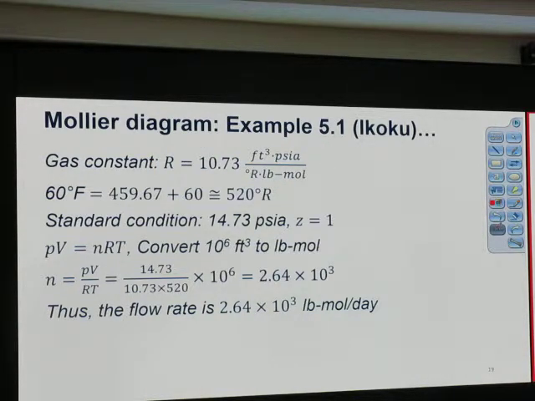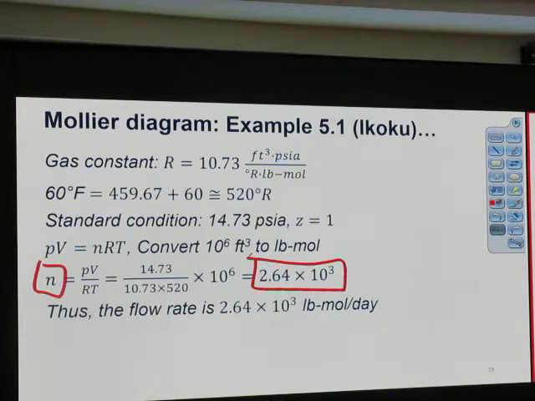Use PV equals nRT, so N, the number of moles, is P times volume, 1 million, over R and over T, where P is standard pressure and T is standard temperature.